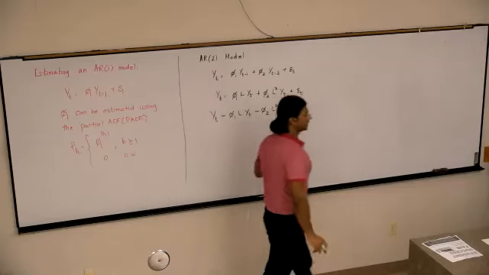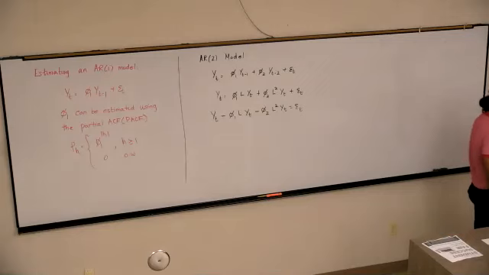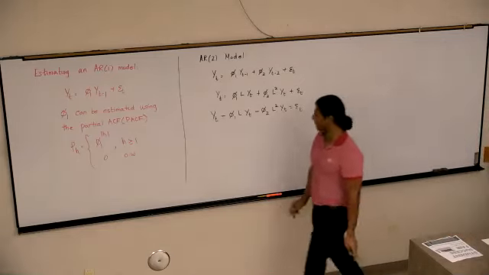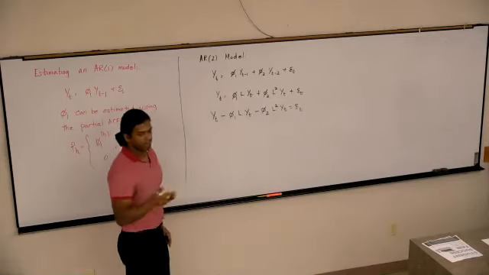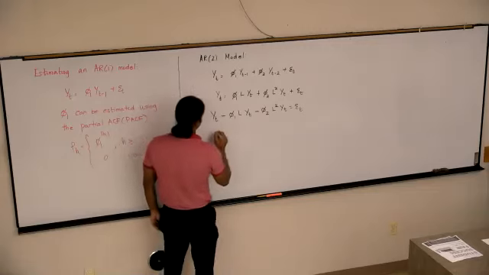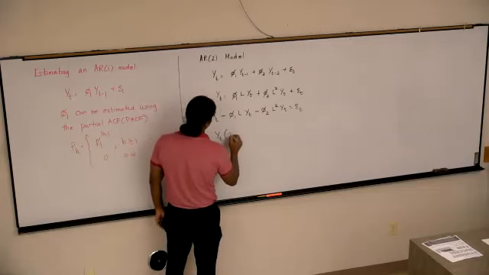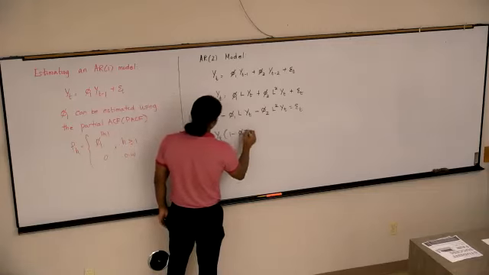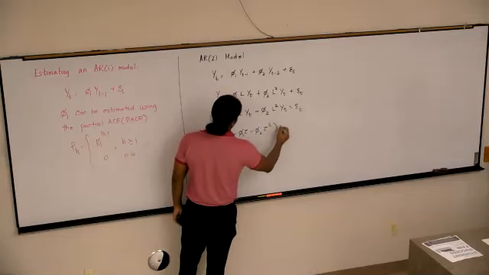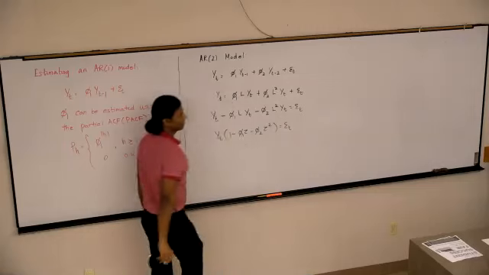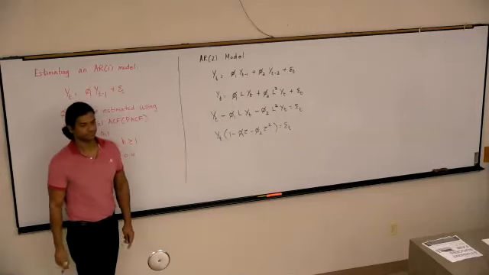I'm moving all the terms to the other side except epsilon_t, so that I can get the characteristic polynomial. What do I have in common? I have y_t in common, so if I pull y_t out, that's what I would have.